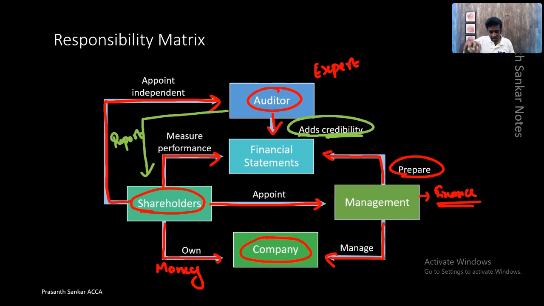If the financial statement looks good and it's said by the auditor, the shareholder will start trusting the management. That is the responsibility metrics.